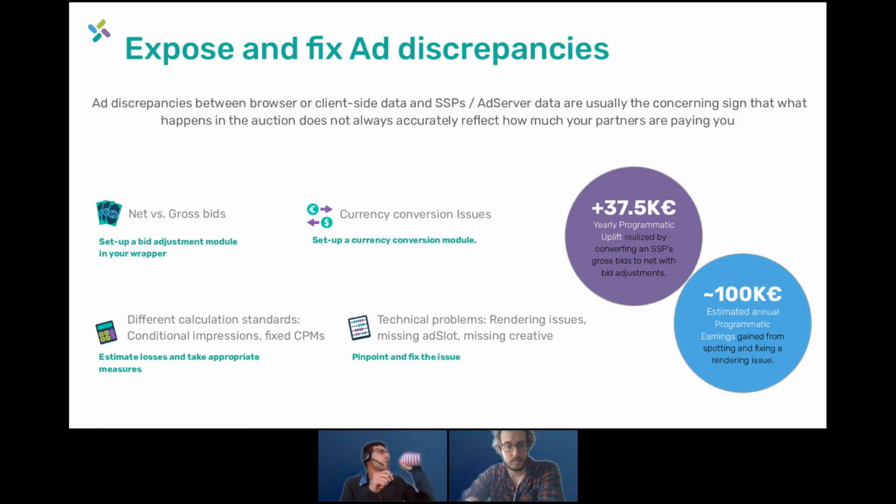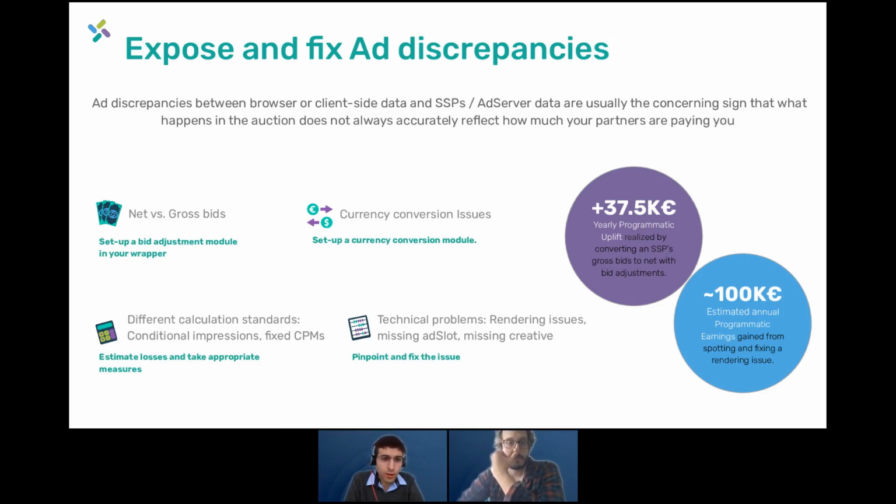So now let's talk a little bit about ad discrepancies. Ad discrepancies is something that we were a bit dubious about.